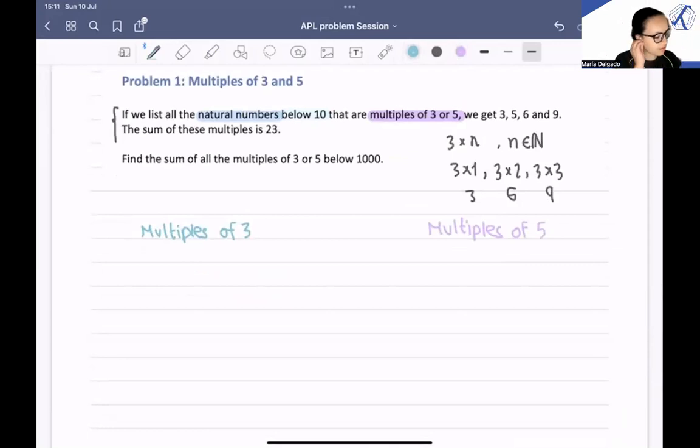Okay, so we have explained that the multiples of 3 are 3 times n, being n in natural numbers. In this case, 3 times n needs to be lower than 1000.